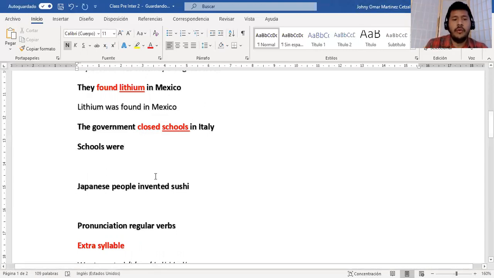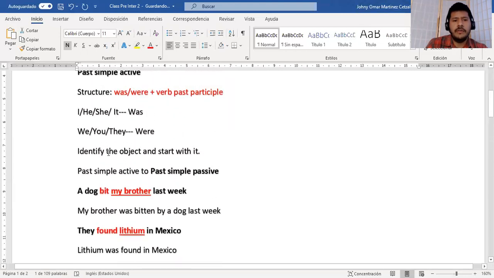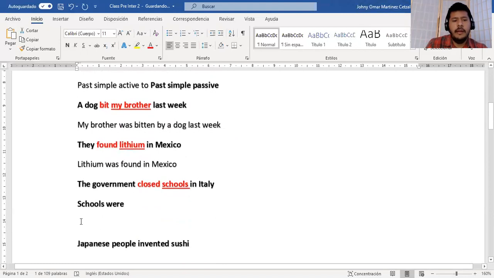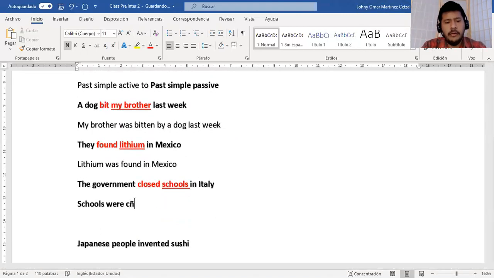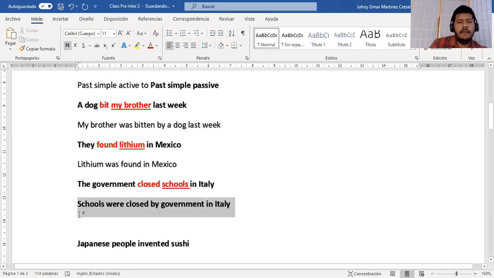You have to think schools. If I were to change it and use a different pronoun, which one would it be? It would be they, you know? So they close, okay? So schools were would be the conjugation. So schools were closed, and by the government is important, is necessary. I would add it, by the government, where? In Italy. And that's it, okay? You have your sentence in passive voice.